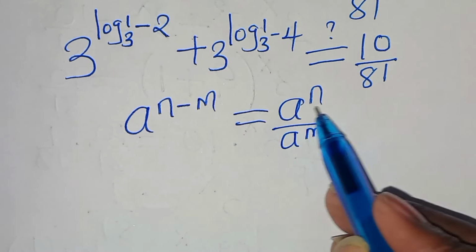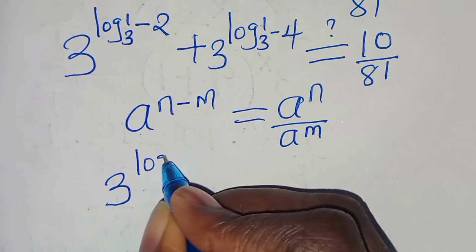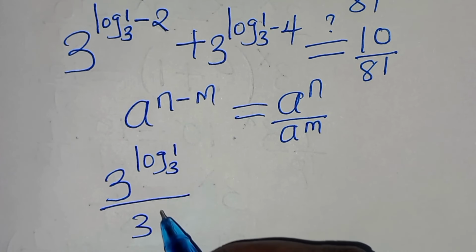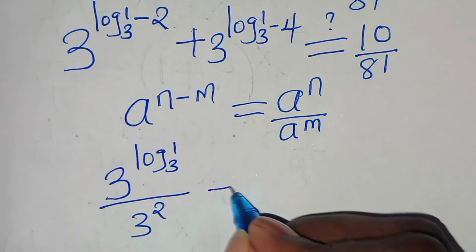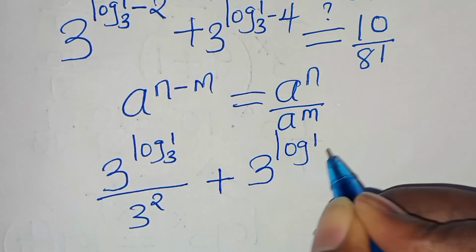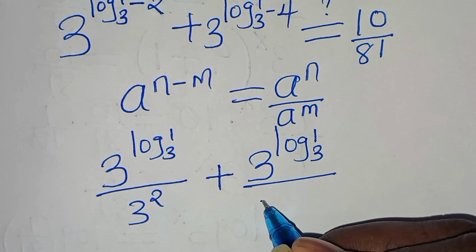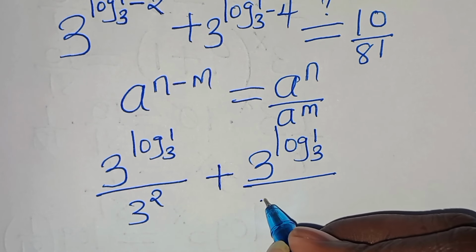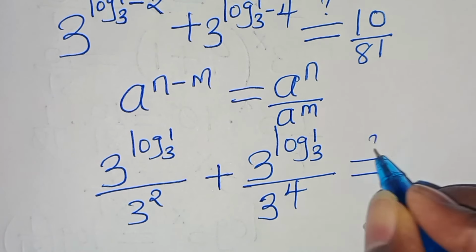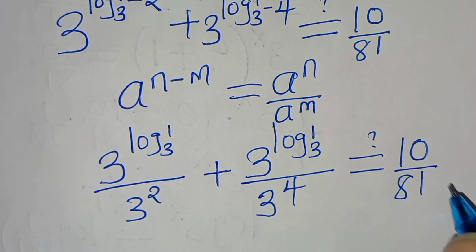Applying this exponent property, then here we have 3 to the power of log 1 to base 3 divided by 3 to the power of 2, then plus 3 to the power of log 1 to base 3 divided by 3 to the power of 4. This is supposed to give us a value of 10 over 81.